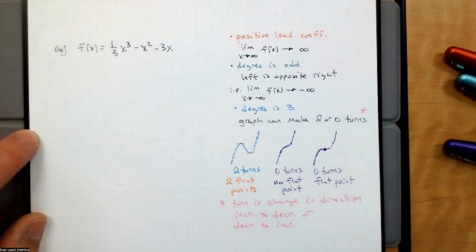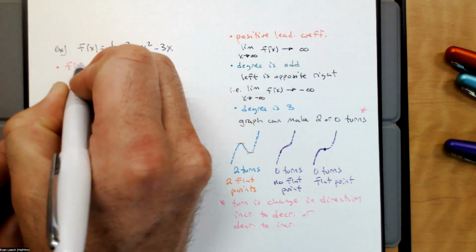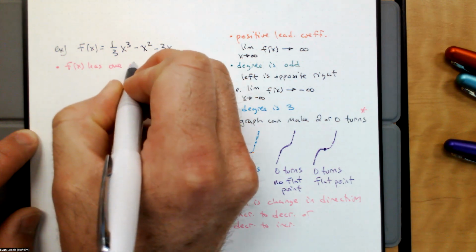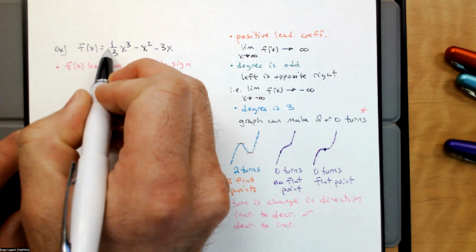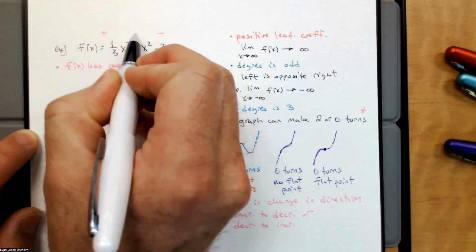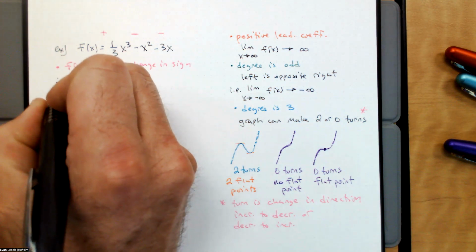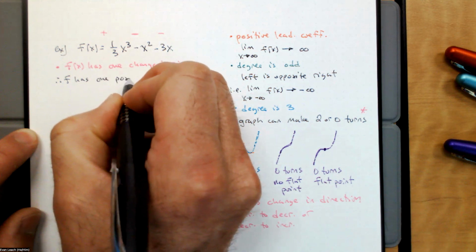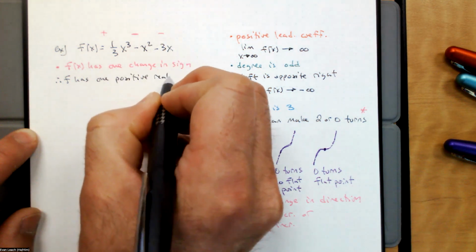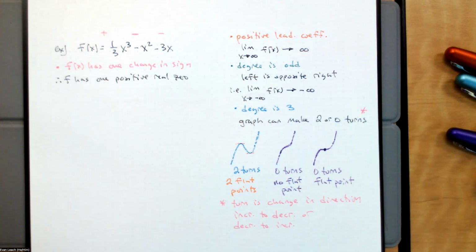So if you want the DVD bonus material, f of x has one change in sign. We go from positive to negative to negative. There's one change. That means f of x has one positive real zero. That's nice, solid information.